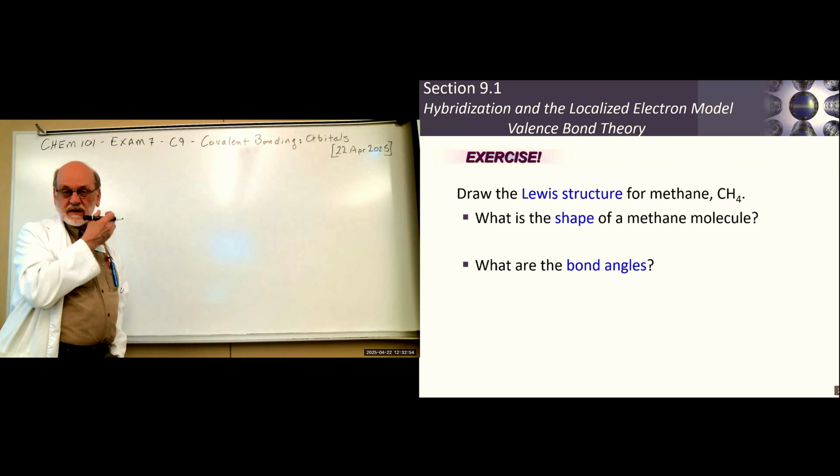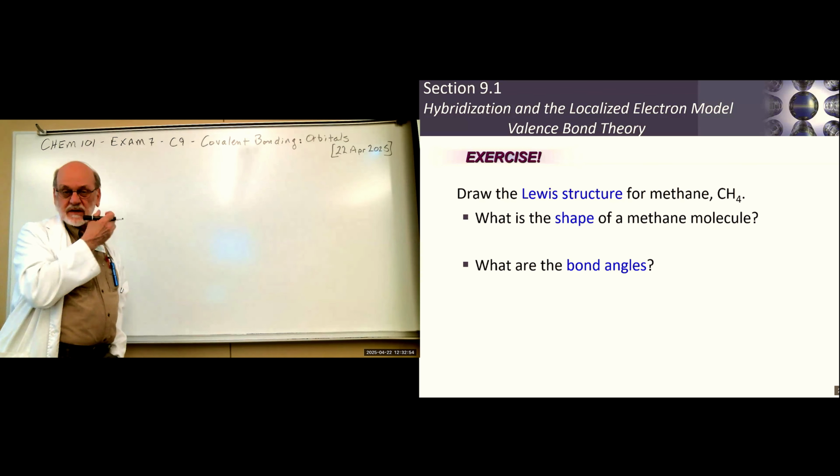There's physical, chemical evidence for that structure. And the bond angles are going to be 109.5 degrees exactly, because all of these bonds are equivalent. So that gives the shape of tetrahedron and the bond angles of 109.5.